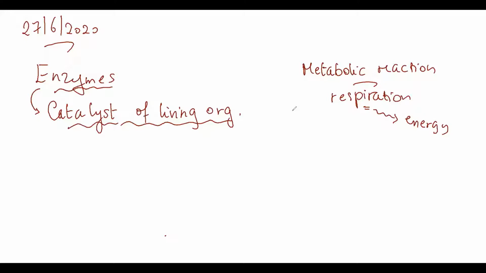The presence of the enzyme will speed up these respiratory reactions in order to allow us to gain energy very quickly, because we cannot remain without energy for a few seconds. In order for the cell to release energy very quickly, the enzymes must act in order to speed up these chemical reactions, and the same is true for all the other metabolic reactions.